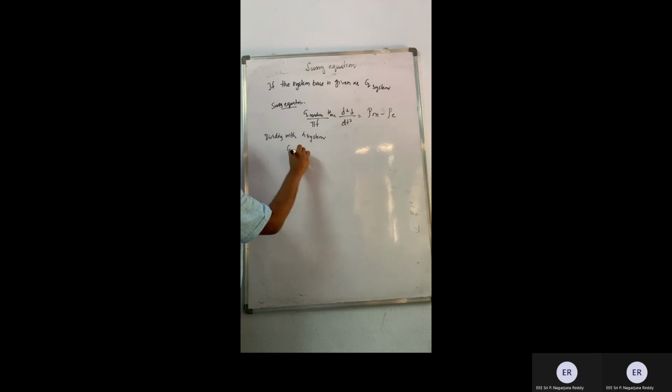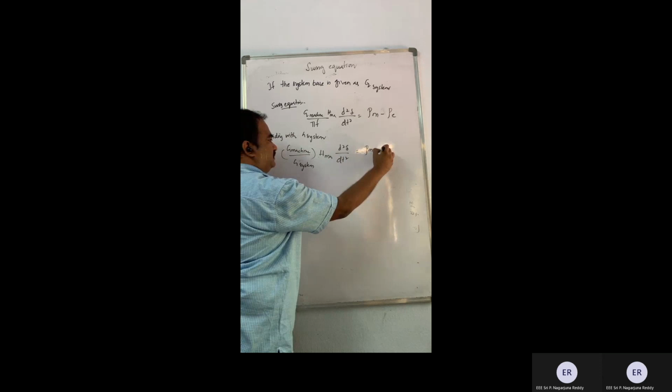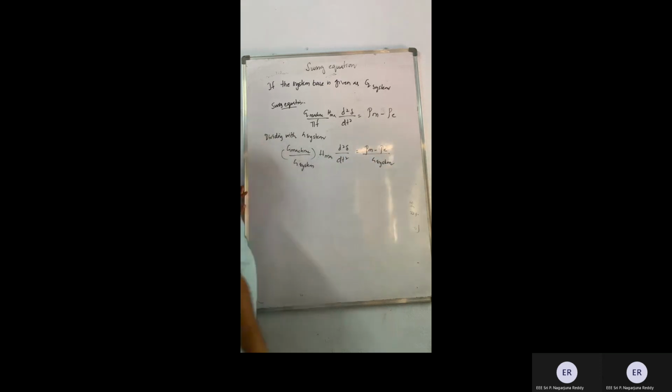So this will become G machine by G system into H machine into d square delta by dt square is equal to Pm minus Pe by G system. This is the equation. Now, this particular one is referred to as H system. This was your machine's initial inertia constant. Now, if you are going for another base, this is H system.